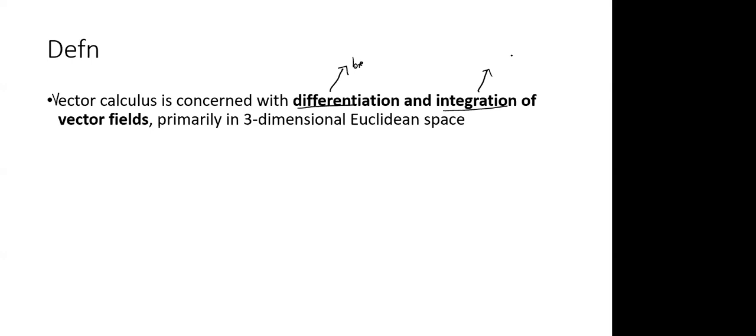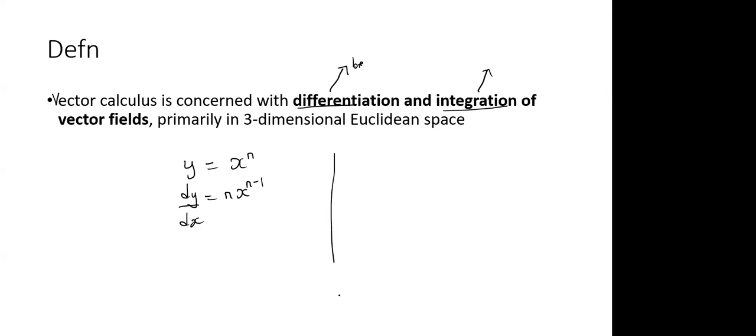Differentiation means you separate. And you know from differentiation that if y = x^n, then dy/dx = nx^(n-1).